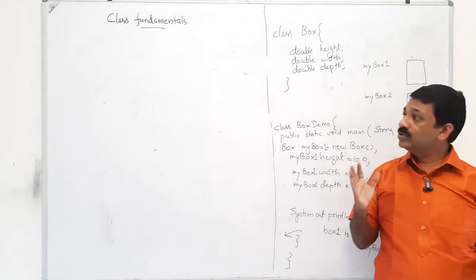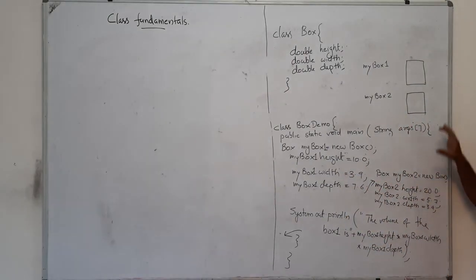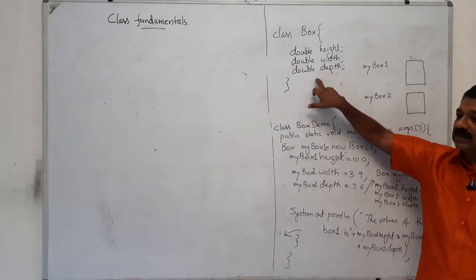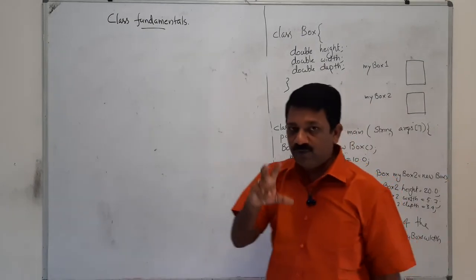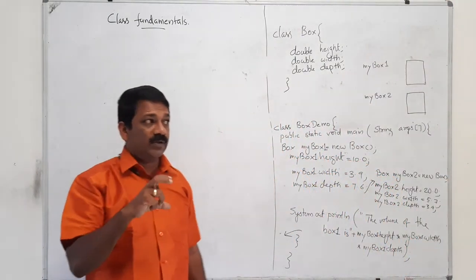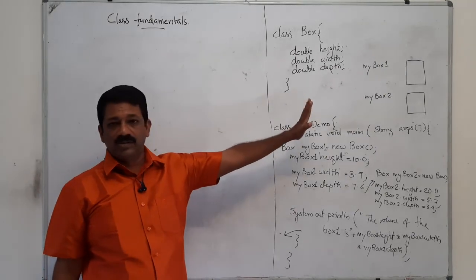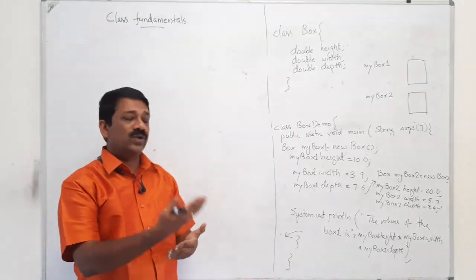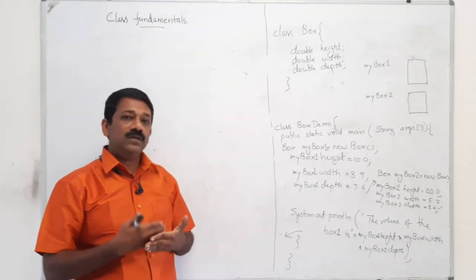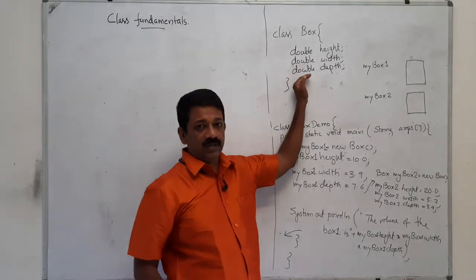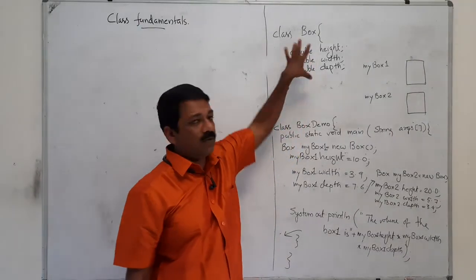That means once you have created myBox1 and myBox2, then suppose that we have a volume method here. Volume is a property of that box, and to calculate the volume of the box, we are going to have a method here which is calculating the volume of this box.